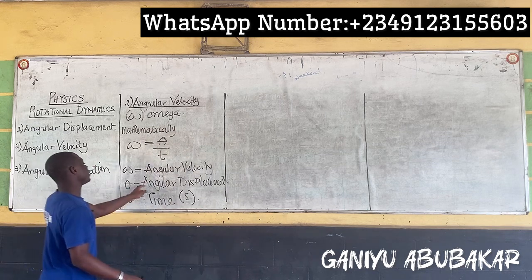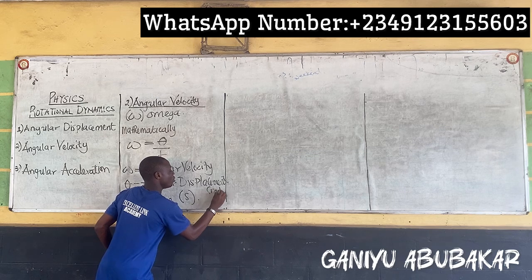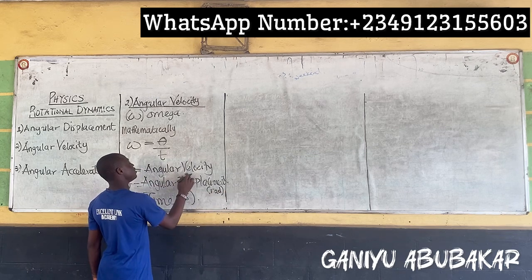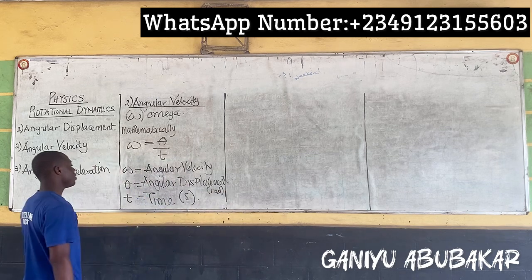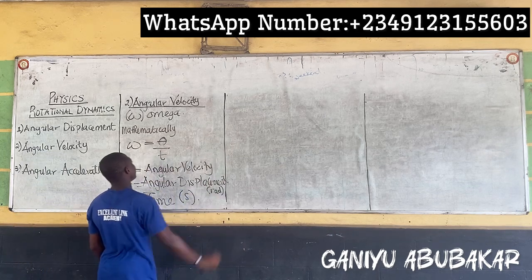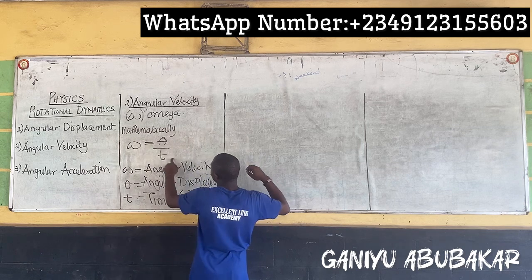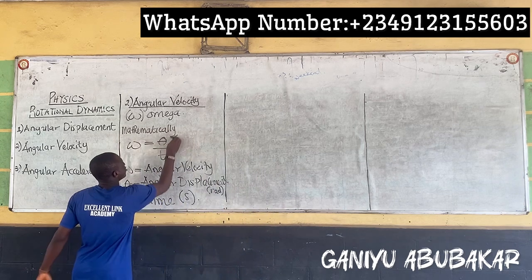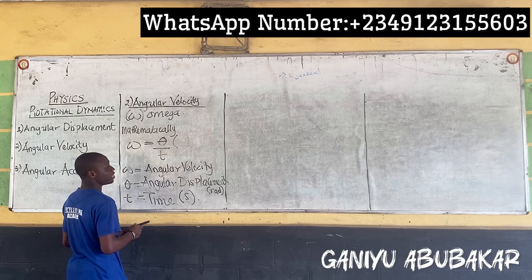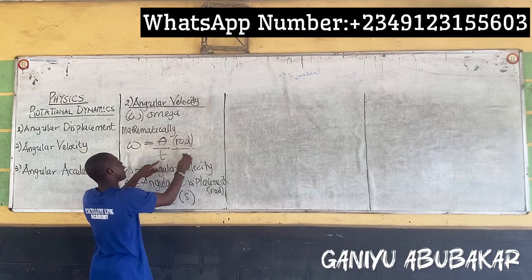Angular displacement is, of course, in rad. What's the SI unit for angular velocity? From here we said omega is equal to theta over t. Theta is measured in rad, all over time in seconds.